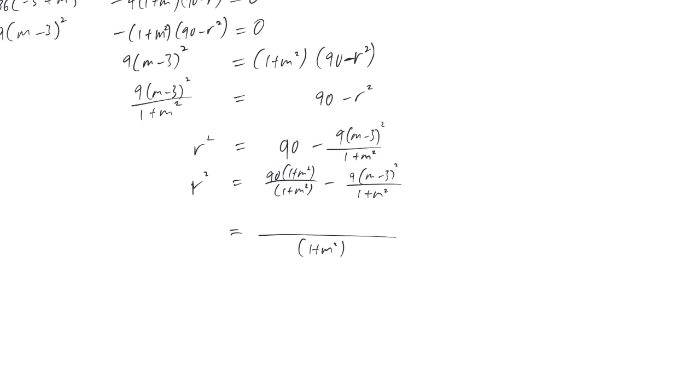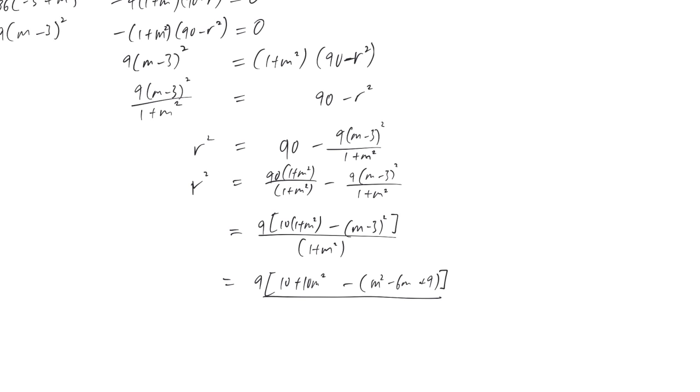1 plus m squared, the same denominator. Extract 9, then we have 10 times 1 plus m squared minus m minus 3 bracket squared. 10 plus 10m squared. Handle the sign very carefully.